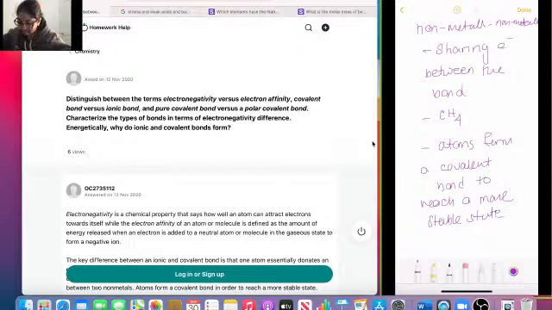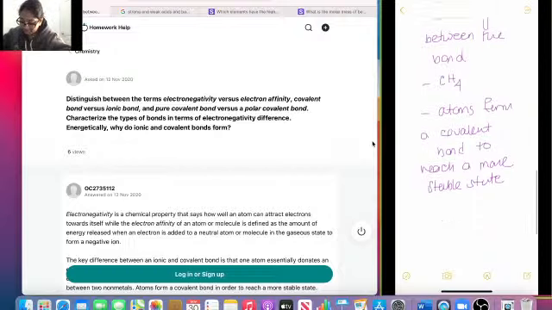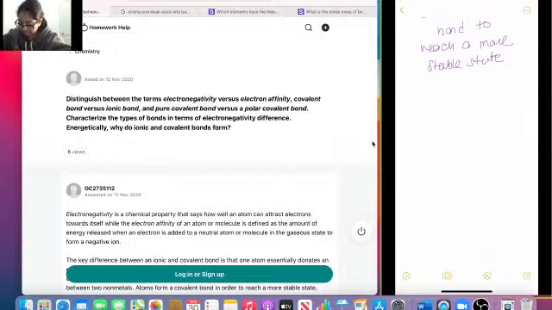This is why covalent bonds are actually formed. Okay, and now if we go to pure covalent bond versus a polar covalent bond.